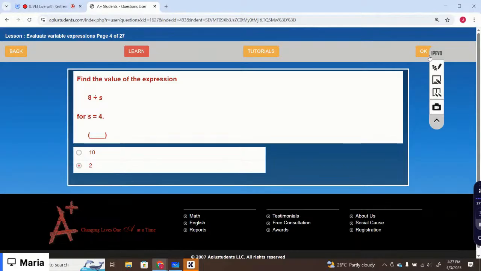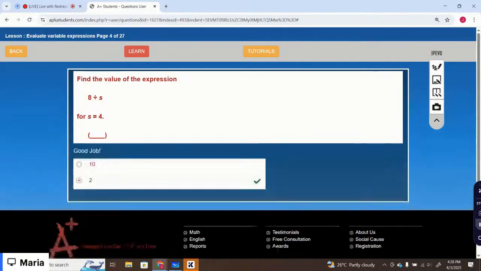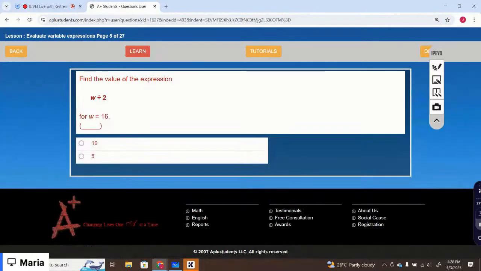Option number 2 is the correct option. W divided by 2 for W equals 16.